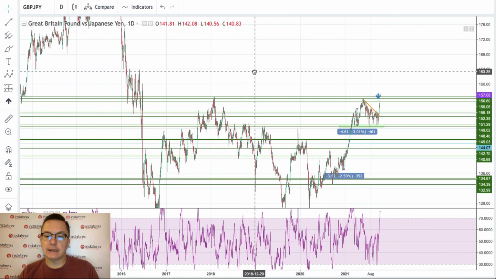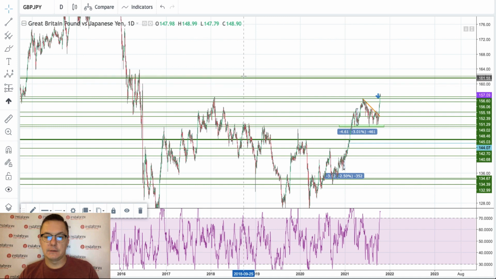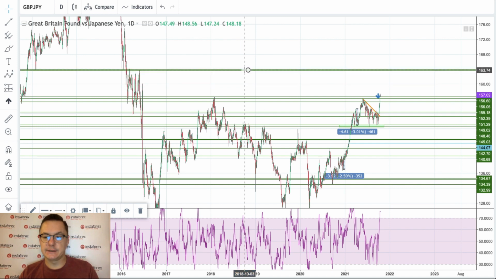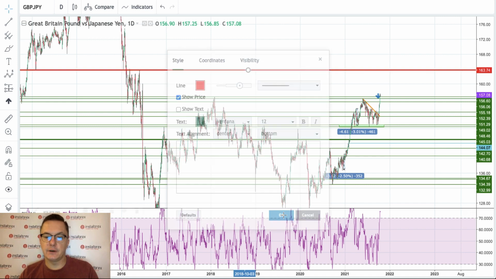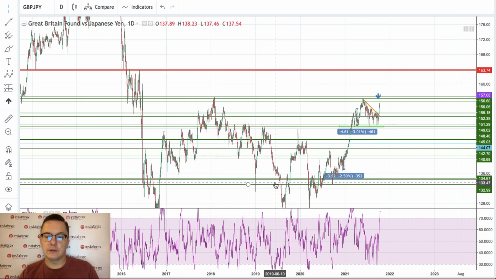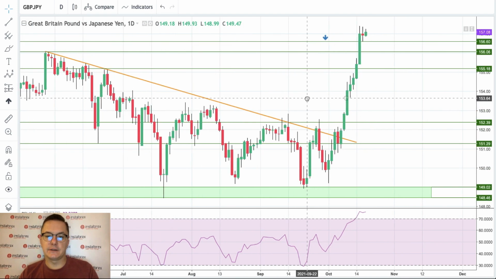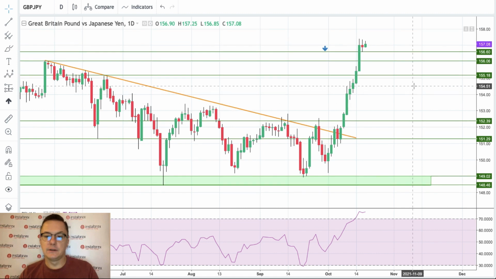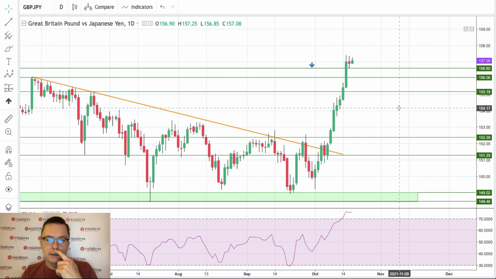Where is the next target then? Let me just put it on the map for you. The next target is this key level, 136.74. Around this level we should expect the market to make a significant reaction, but for now nothing here on this market.